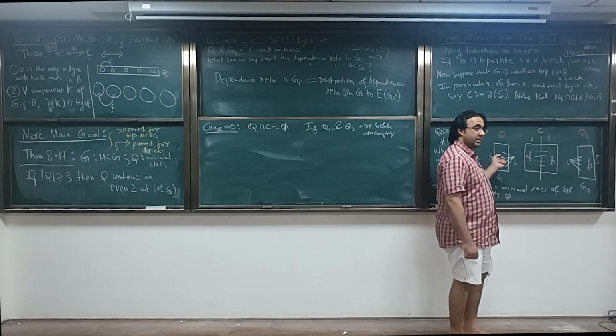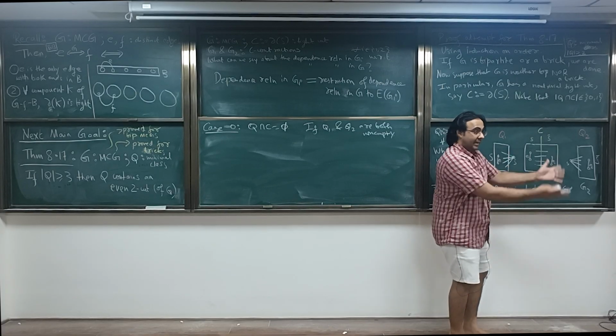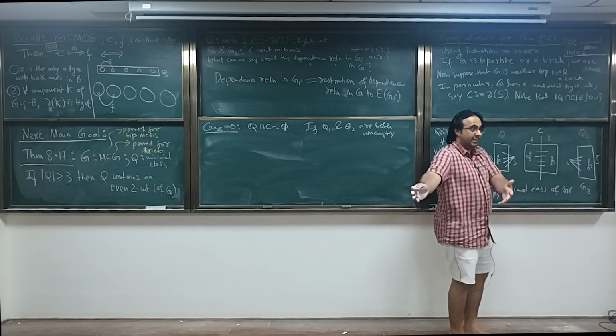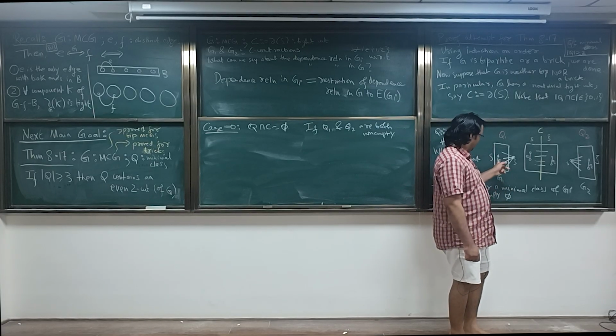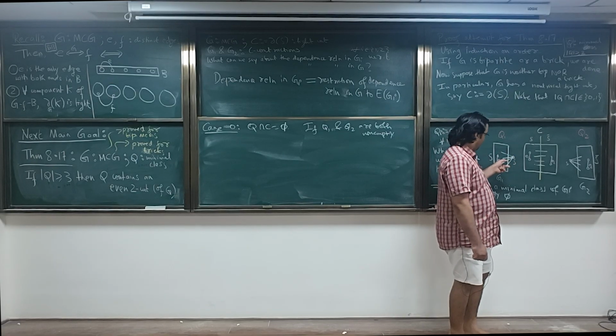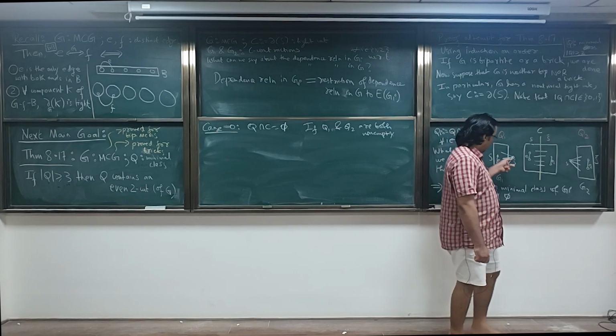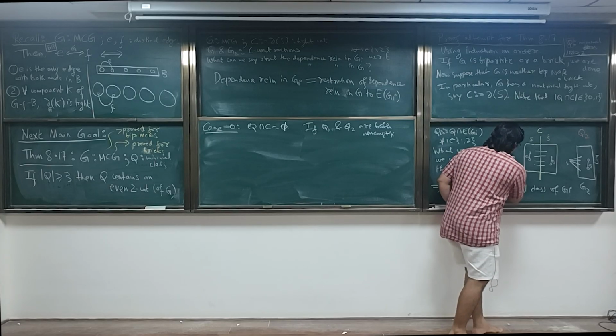So now what you can do is, you can take a perfect matching of G1 containing Q1. It's an equivalence class. So the whole class will be in the perfect matching or nothing will be in the perfect matching. Right? So I can take a perfect matching of G1 containing Q1. It will use some edge from the cut, right? Now I will go to this graph, supposing it uses some edge F in the cut.